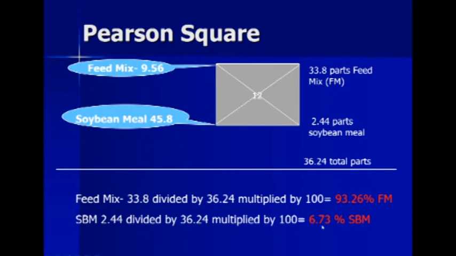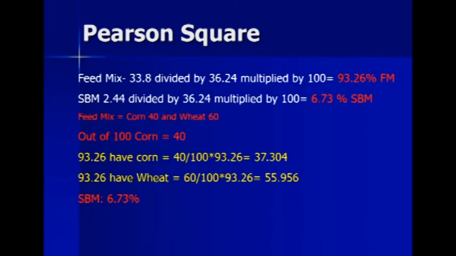And for soybean, it's 6.73. So it means out of 100 parts, 6.73 is the share of soybean and 93.26 is the share of wheat plus corn. So now out of this 93.26, we have to calculate how much is the amount of wheat and how much is the amount of corn.